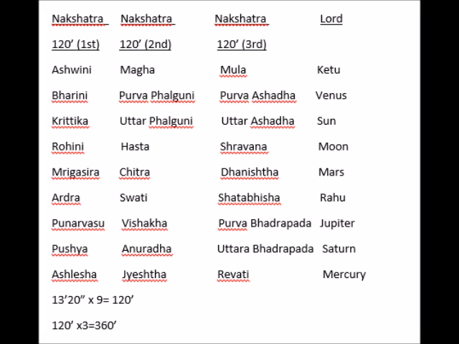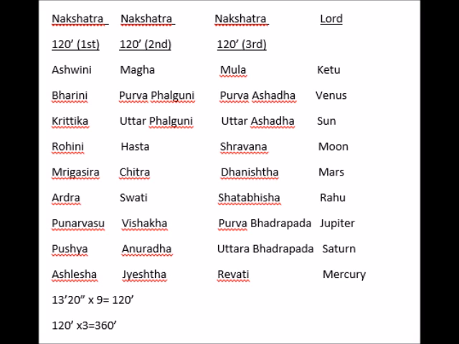Why? Because each of these 27 nakshatras is ruled by a planet. Look at the last column of this table, and you will see that the planets represented by these nakshatras are in order of sequence.